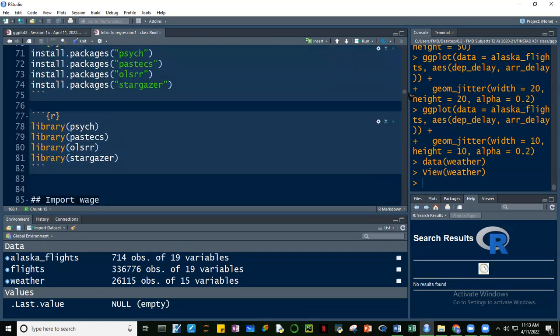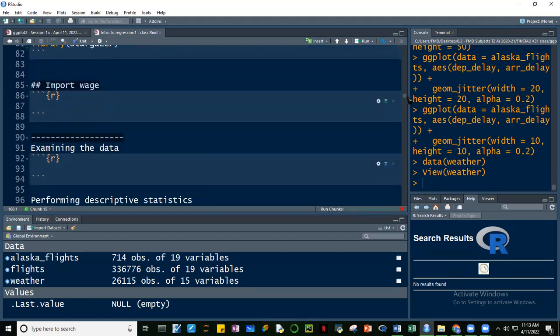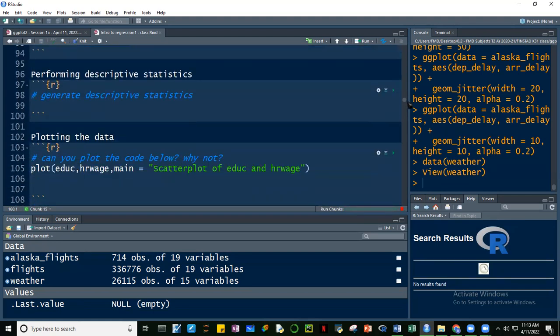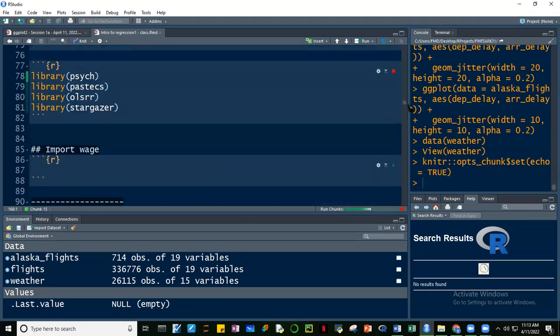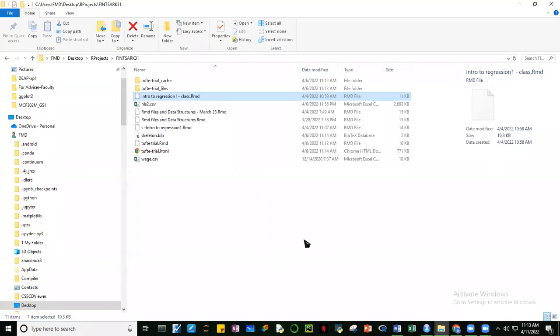Okay, so let me just run the packages that we need. Let me open this file that I sent you, diba?